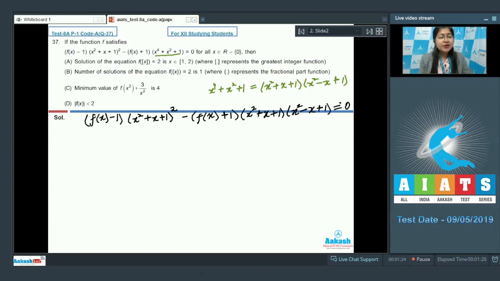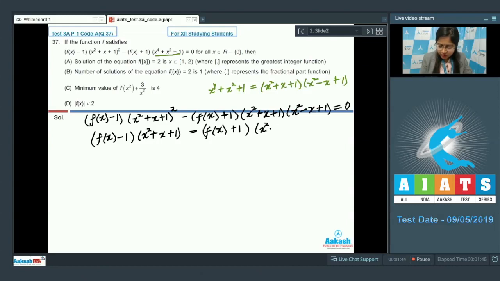So either x square plus x plus 1 is equal to 0, or f(x minus 1) multiplied with x square plus x plus 1 is equal to f(x plus 1) multiplied with x square minus x plus 1. I am not writing the other case, that is x square plus x plus 1 equal to 0, because that will not give me any real solution.